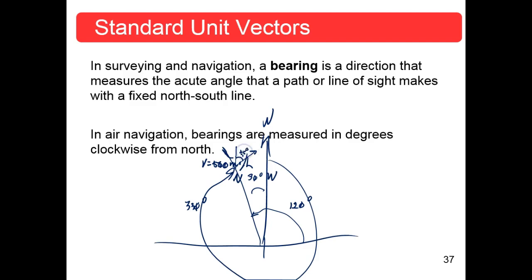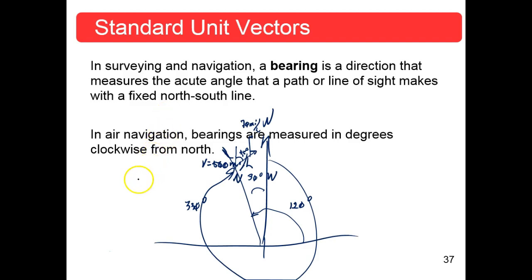That's 45 degrees, and a 70 mile per hour wind. So this length here is 70 miles per hour. What is the resultant speed and direction of the airplane once the wind starts?